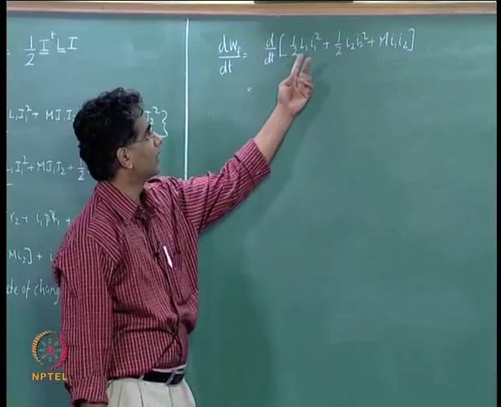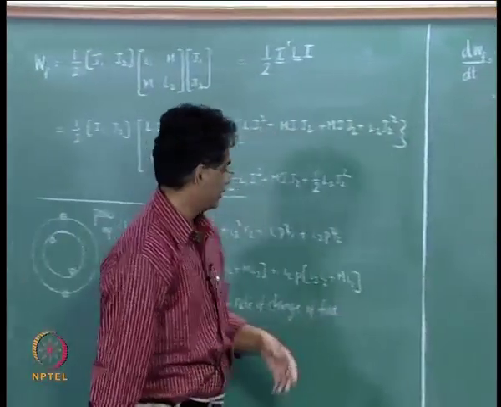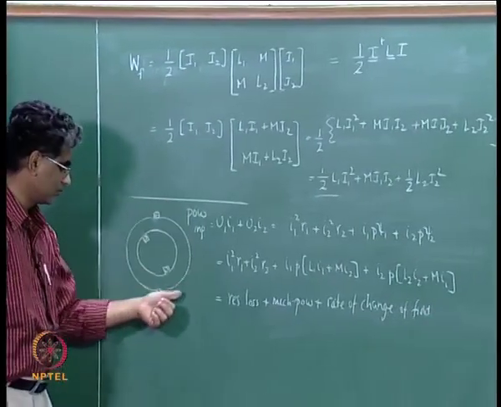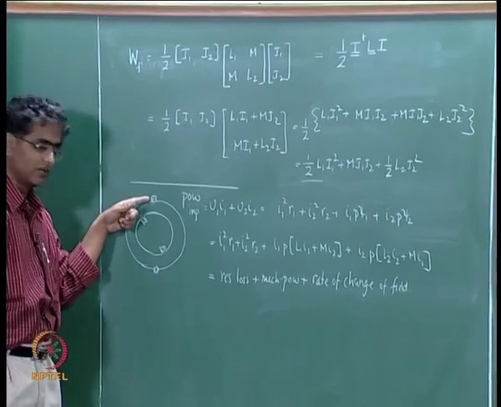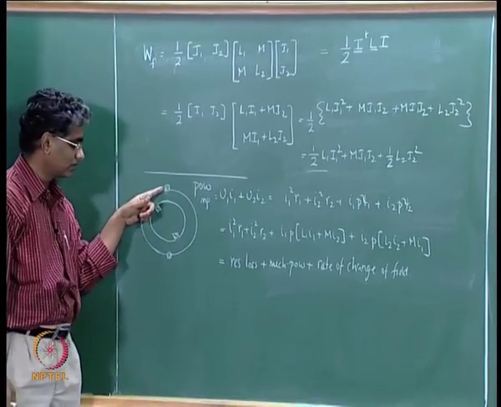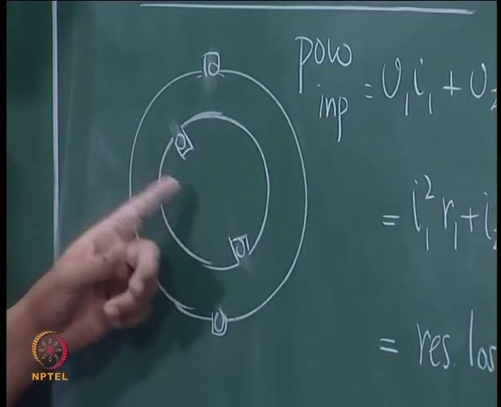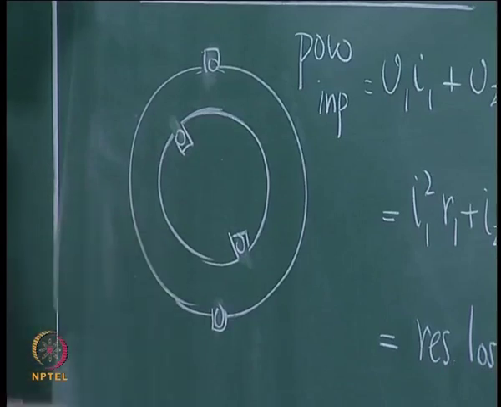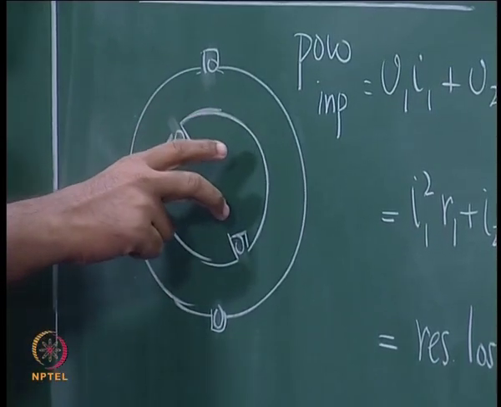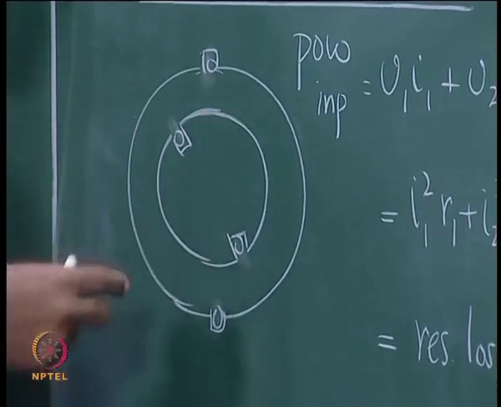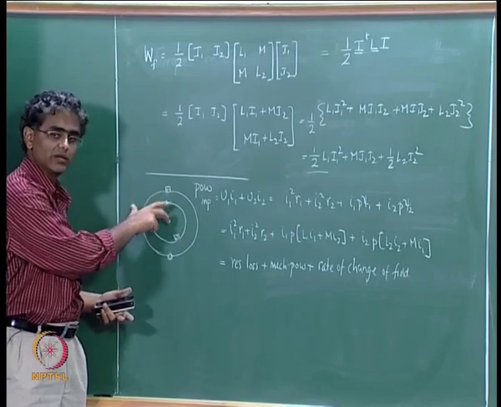In this term, L1 is a fixed number because the stator is going to be cylindrical, and the rotor is also cylindrical. Therefore the self inductance of the stator is not going to vary with the rotor angle, and the self inductance of the rotor will not vary with the rotor angle either. Irrespective of where the rotor is, the stator will not know the difference because the shape is fully symmetrical.